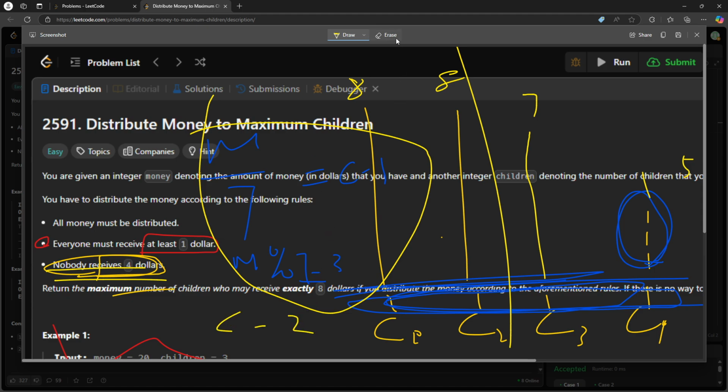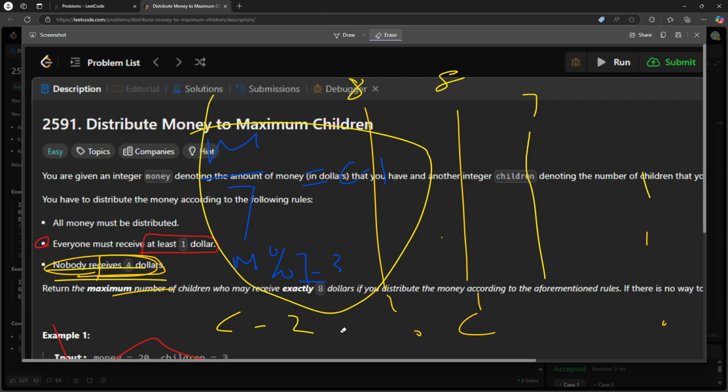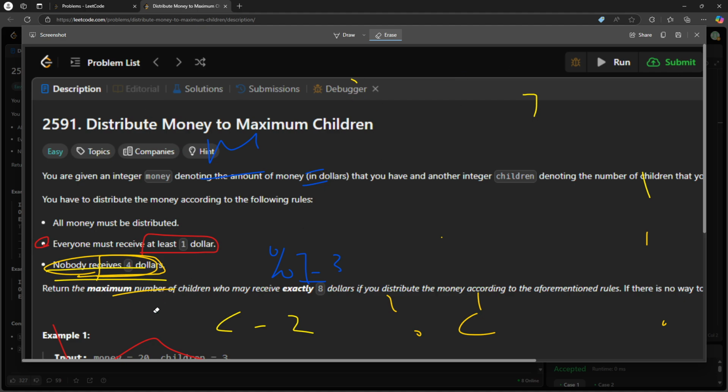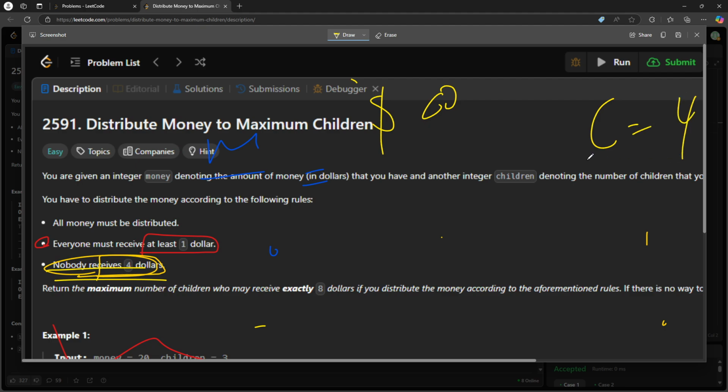All right, and the next condition is going to be like this. So if you have a ton of money, so imagine you have infinite money, and the number of children is 4. Okay, so what you can do is you have C1, C2, C3, C4.